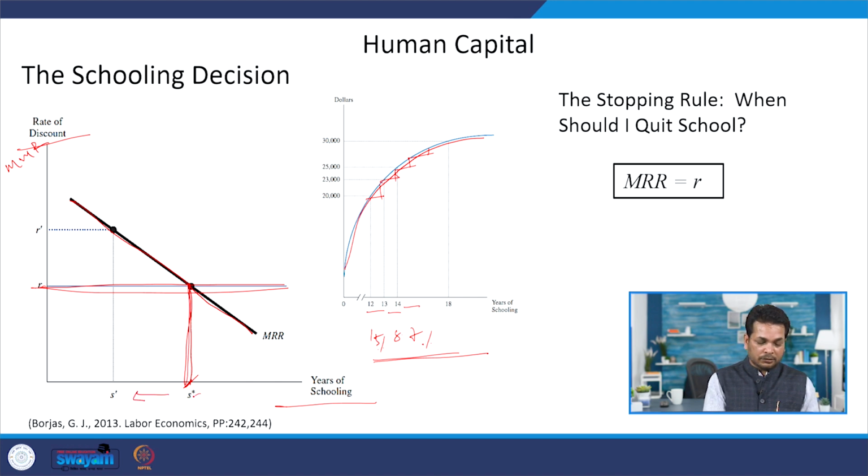This stopping rule maximizes the worker's present value of earnings over the life cycle.